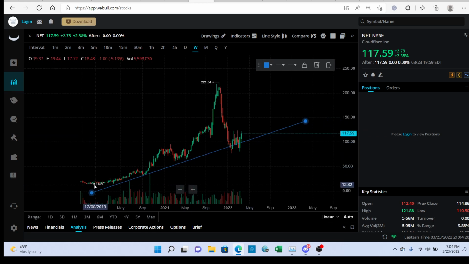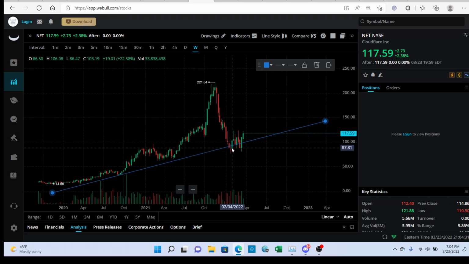So yeah, we've got this longer term trend line that goes back to 2019. And you can see we broke underneath it, but we quickly got back up above it. So it was just a quick break underneath.